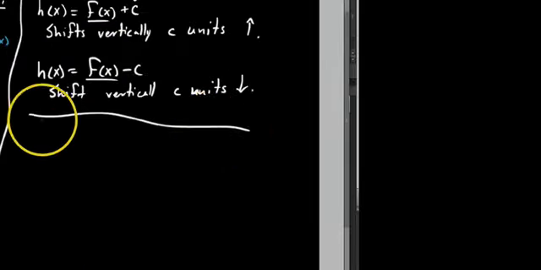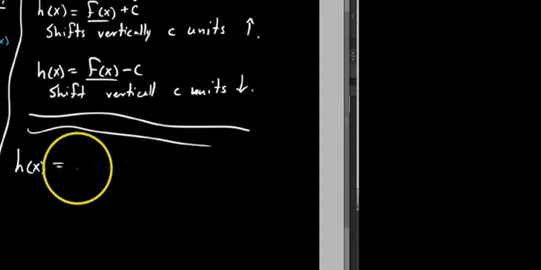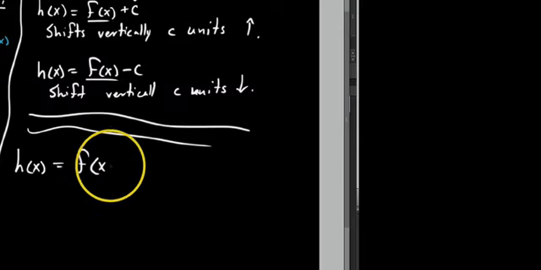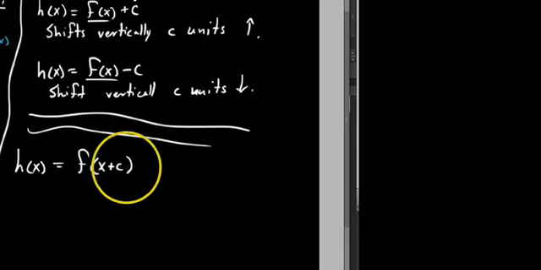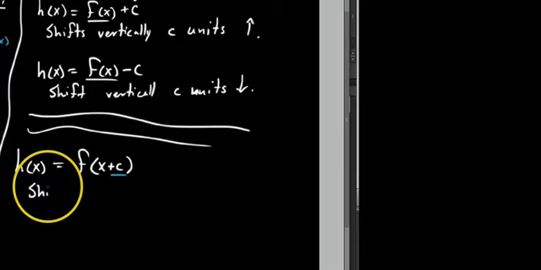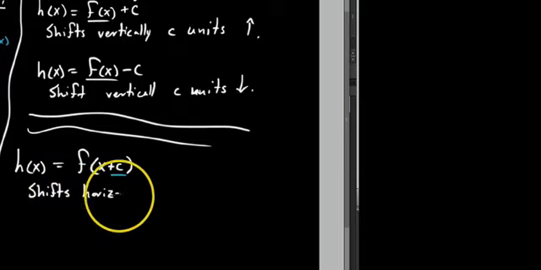A little bit different from this. We'll go with h of x. We're given some function h of x, which looks like some parent function f of x plus c, but you notice the c is on the inside of this parenthetical quantity now. What this does is shift it horizontally. I want to put in a caveat here.